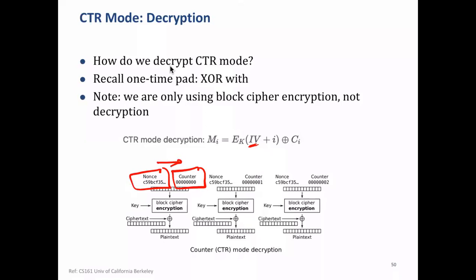Append this, use the key and encrypt it. So this is essentially the same as the earlier part, like in encryption. Now note that we are doing encryption here, and then you exclusive OR with ciphertext, and you get the plain text.